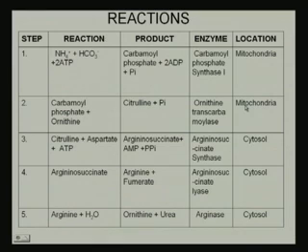As soon as citrulline is produced, it goes out of the mitochondria into the cytoplasmic fluid of the cell, and in the presence of aspartate and one molecule of ATP, it produces arginosuccinate, AMP and inorganic phosphate.